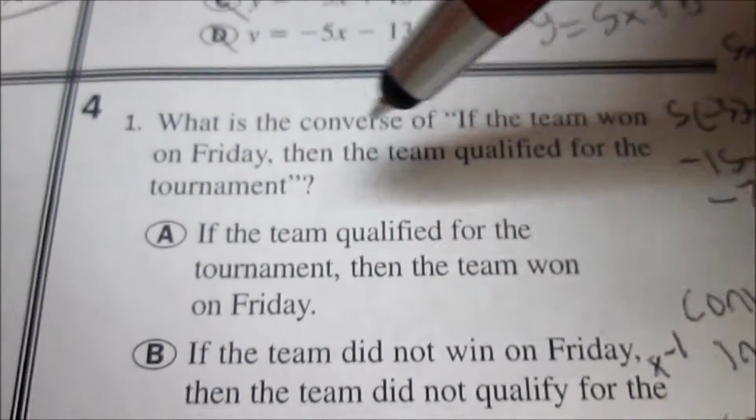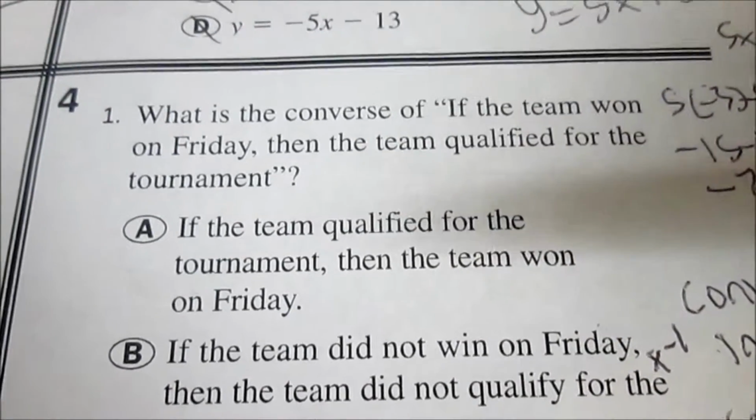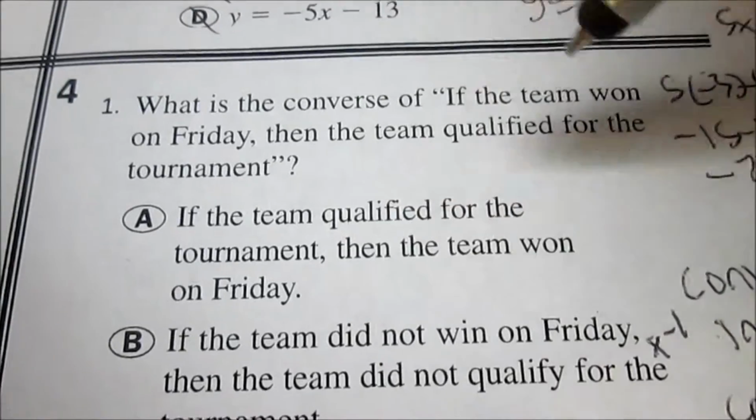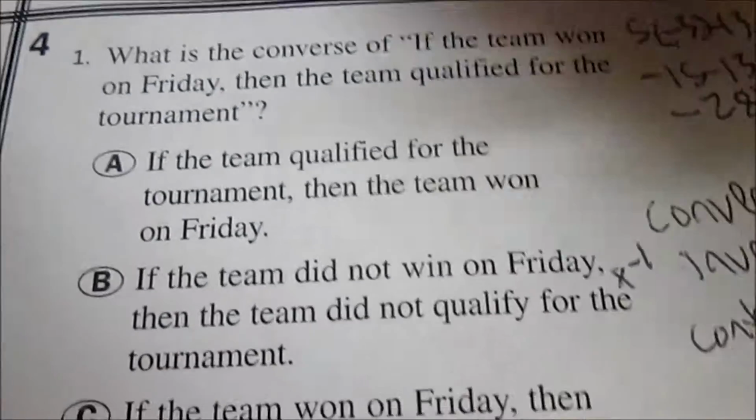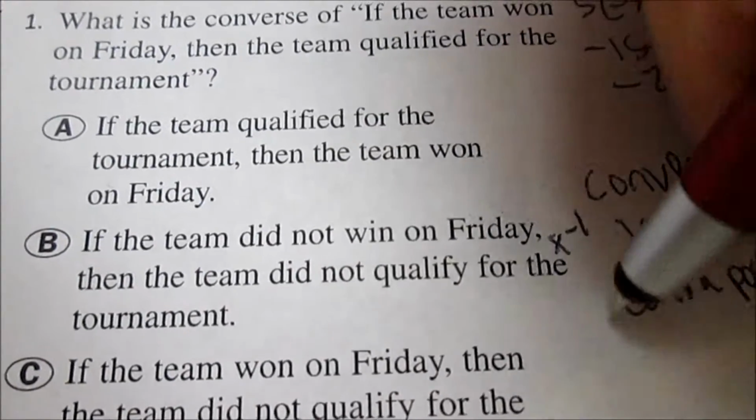So when it's an inverse, you're going to take the original statement, if the team won on Friday, you're going to put in the negative of it. So if the team did not win on Friday, then the team did not qualify for the tournament. So if I remember that, then I'll just kind of fill in the gaps for the other two.